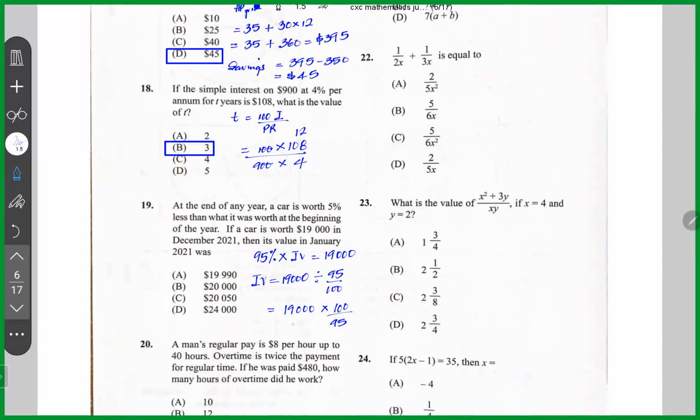So I think 95 goes into 190 two times. So this is 200 times 100, which would be 20,000. The answer is B.